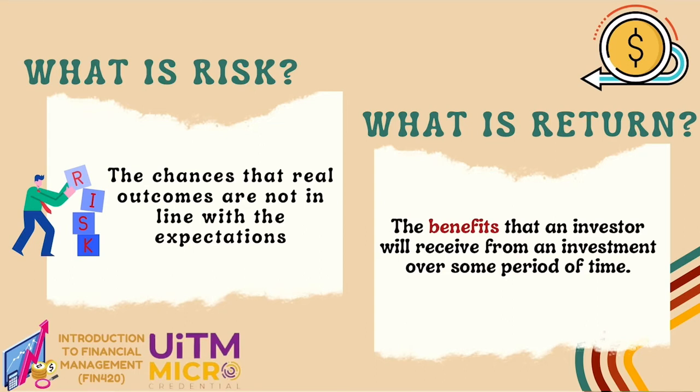Normally, the presence of risk means that the expected return differs from the actual return. Risk can be defined as the chance that the real outcomes are not in line with the expectations.